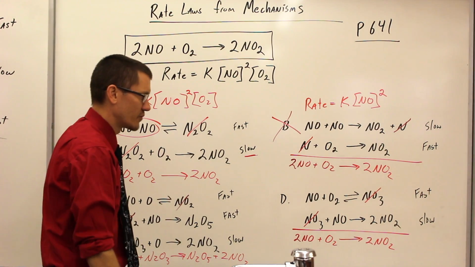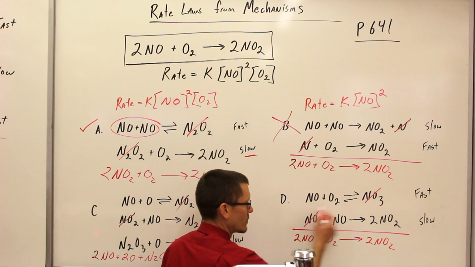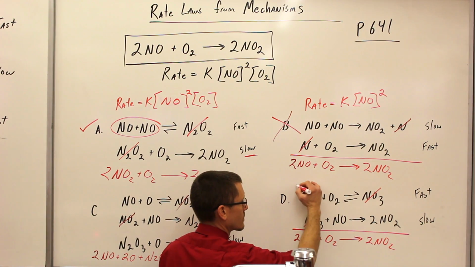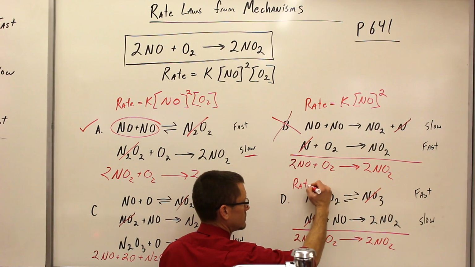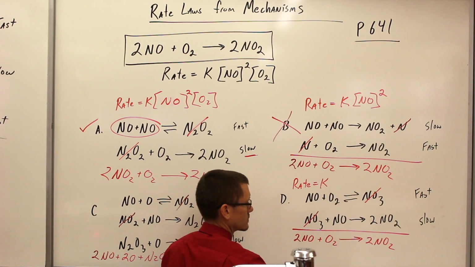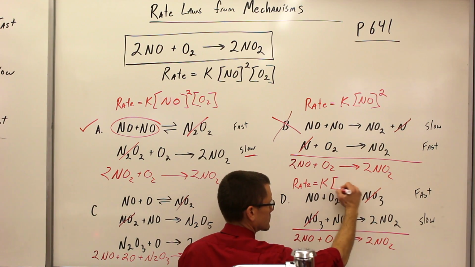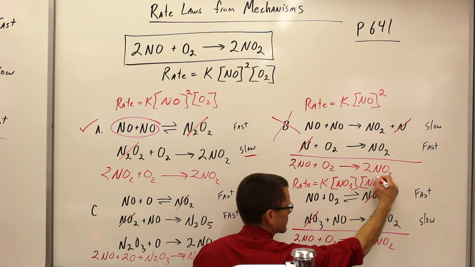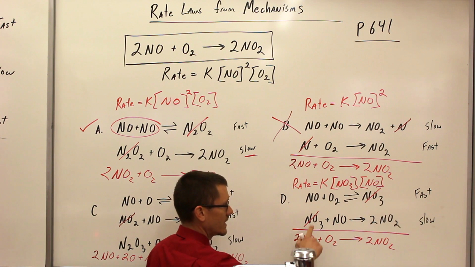If we write the rate law for D from the reactants in our rate determining step, it includes an intermediate.